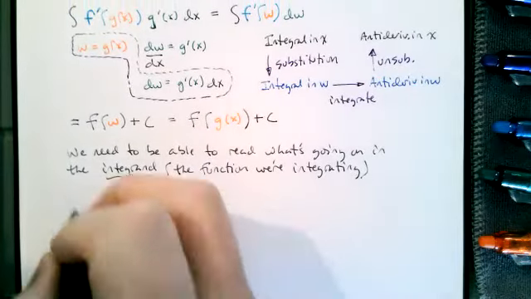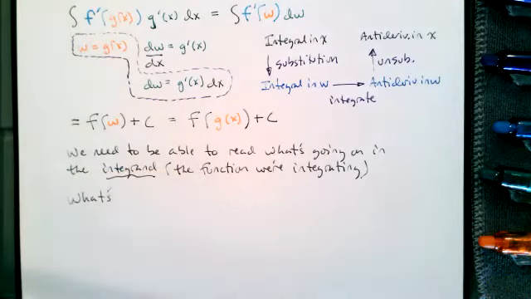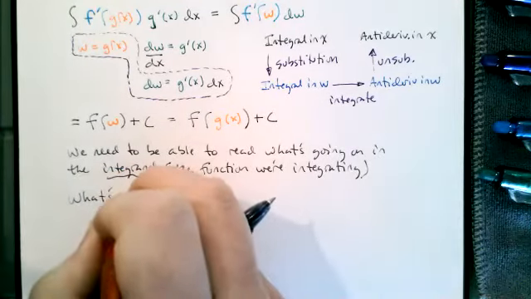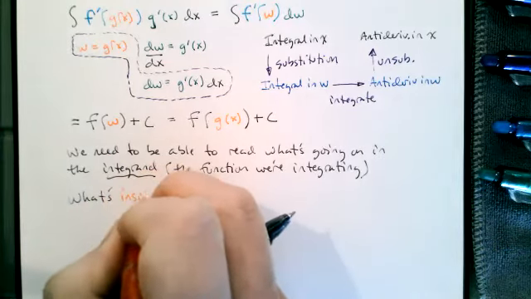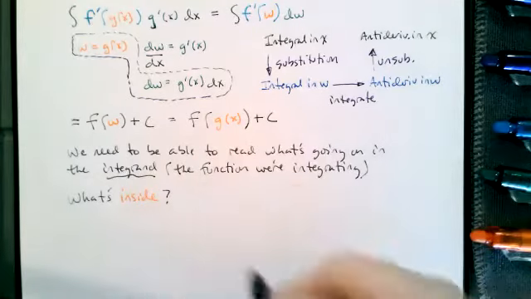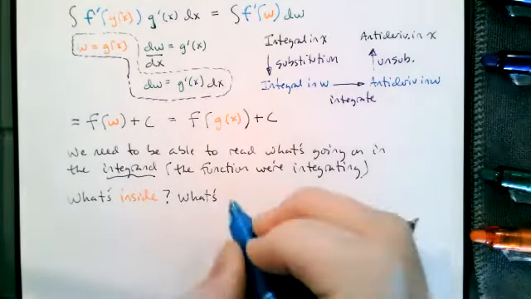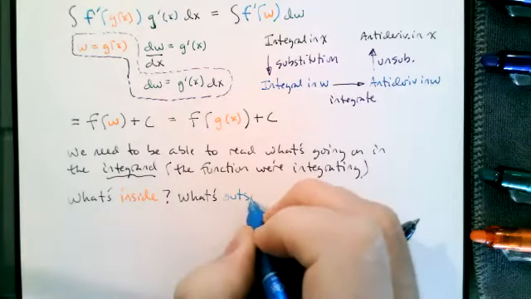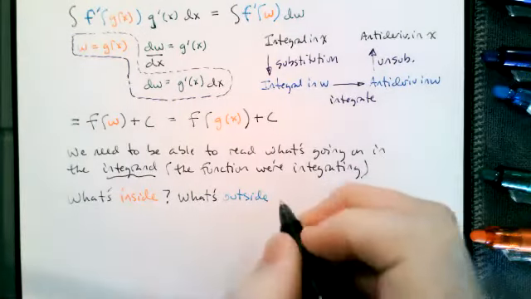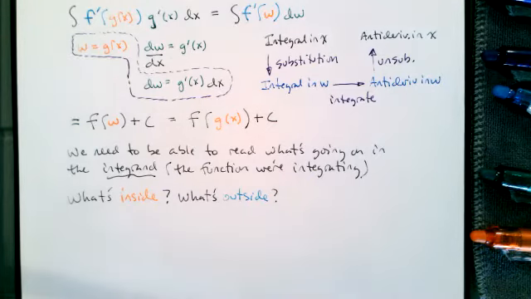I want that there. What's inside? What's the outside function? That's the thing that we're actually going to be integrating in the examples that I write. And then what else do we need to make substitution go?